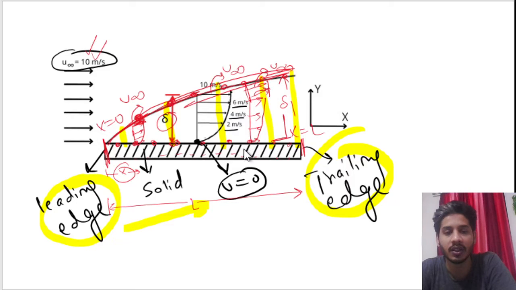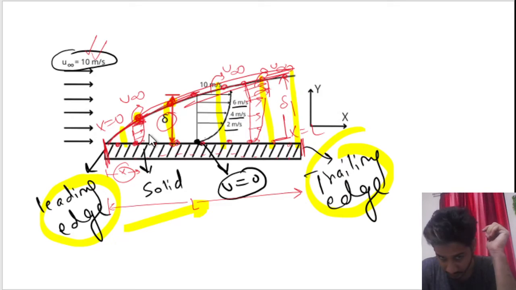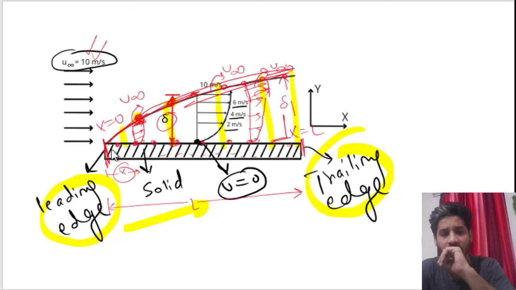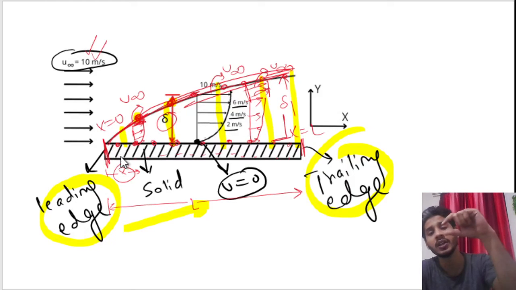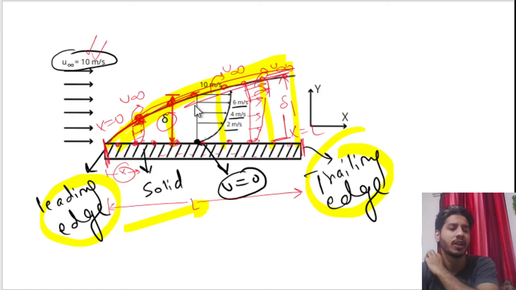I hope this is clear. If we join the points of the free stream velocity at different locations on the solid body, then the trajectory we receive is this boundary layer graph. So this is simply the boundary layer concept.